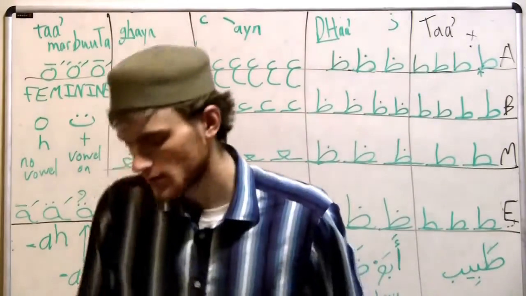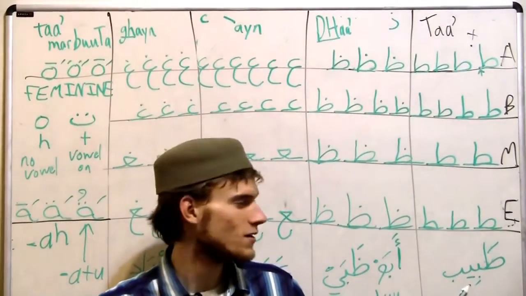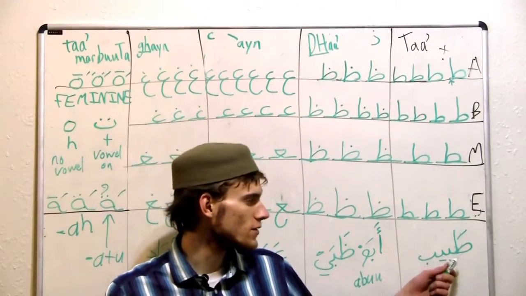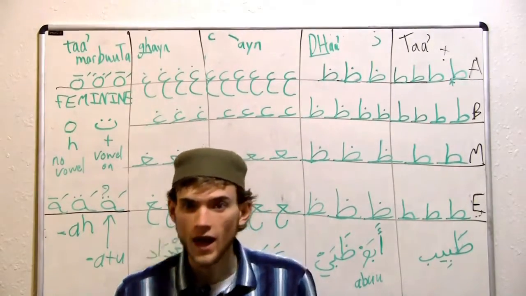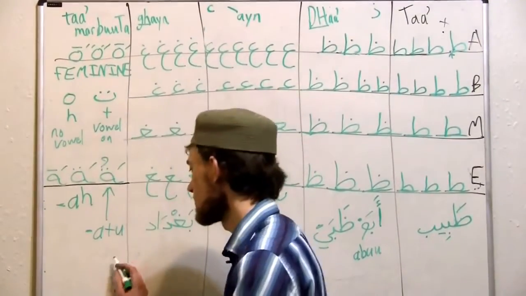So, example. Here we had this word here. What does this word mean again? Anyone remember? Doctor, right. Tabib. Everyone say for me. Tabib. Now, female doctor would be this.